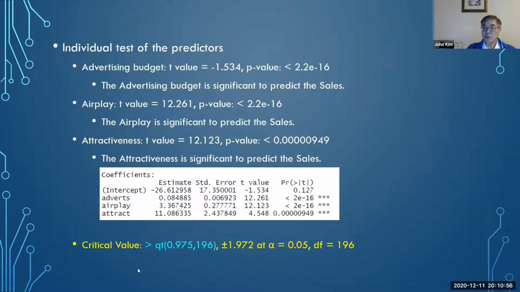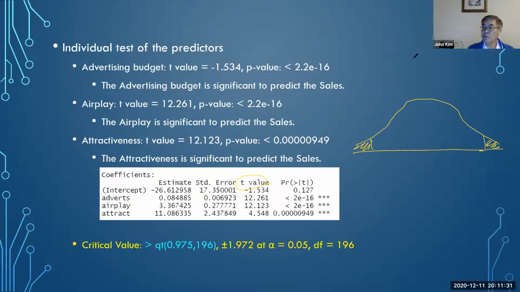We may use this function to get the critical value. The t distribution is similar to the normal distribution. For this individual test, a t-test and two-tail test.